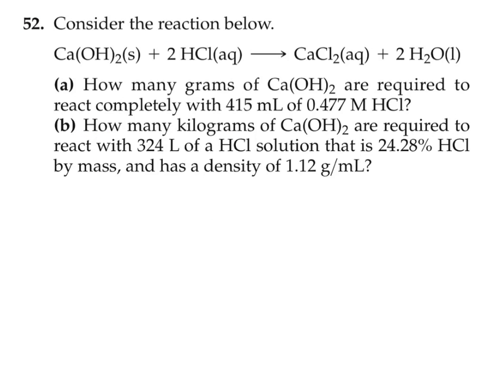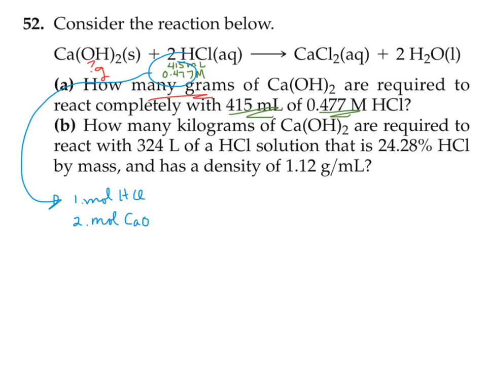And then the other one looks like this. Now you might be saying, well, what's up with the grams thing? This is a good time to see. How many grams of calcium hydroxide are required to react with HCl? For the HCl, we know the molarity and the volume. So from molarity and volume of HCl, we can get to moles. And then from moles, we use stoichiometry to get to moles of calcium hydroxide.